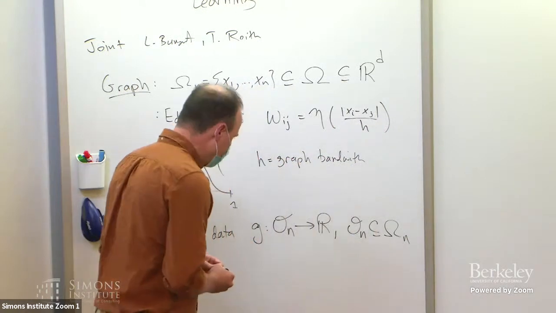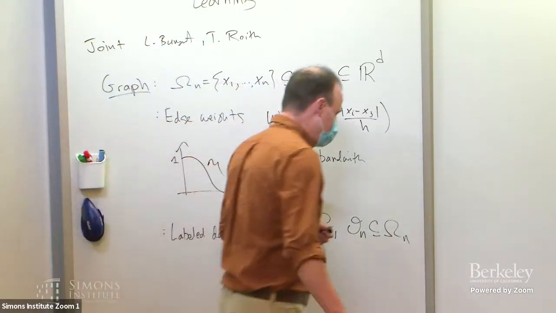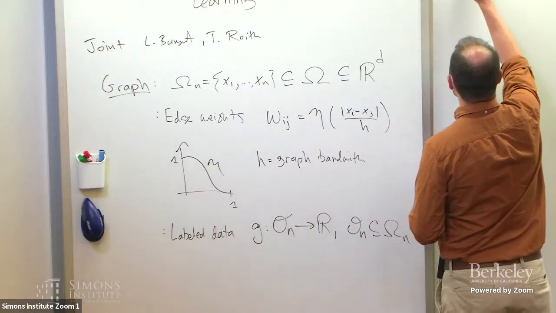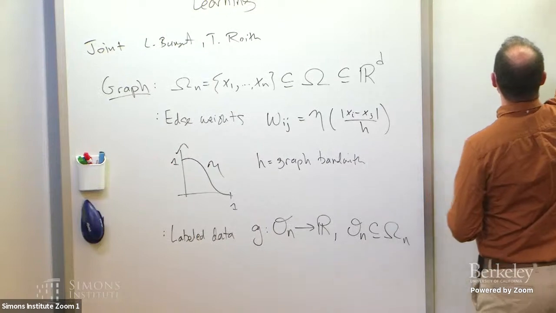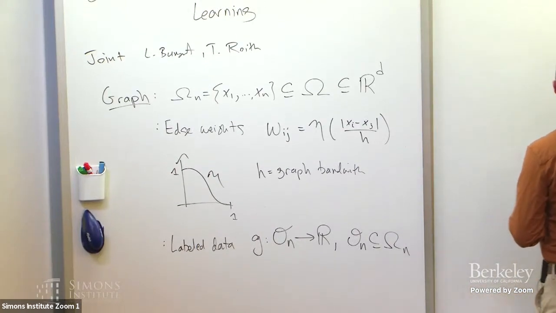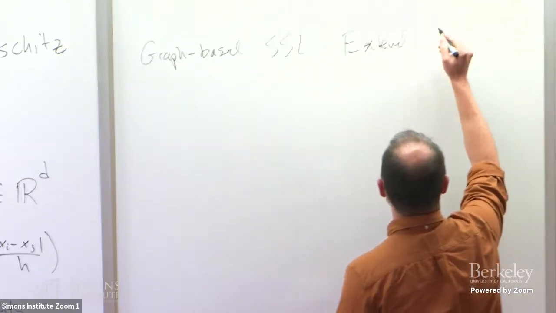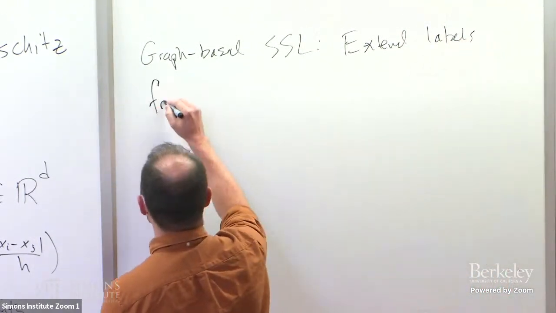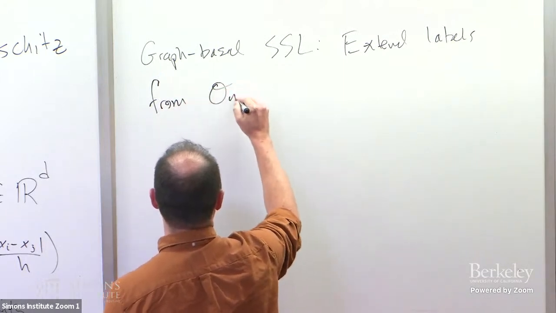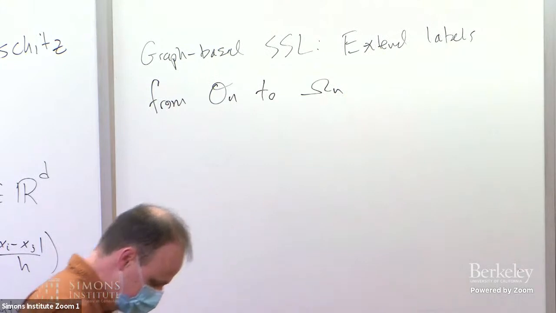And the task we'll talk about is this thing called graph-based semi-supervised learning, which is to extend the labels from g, or from On, to the rest of the graph. So from the constraint sets to the rest of the graph.